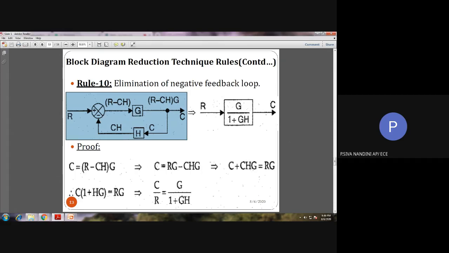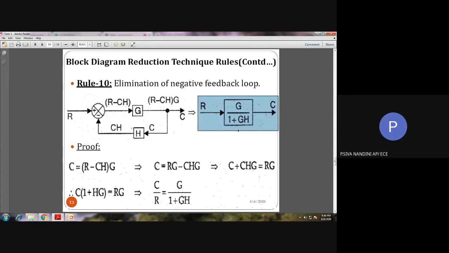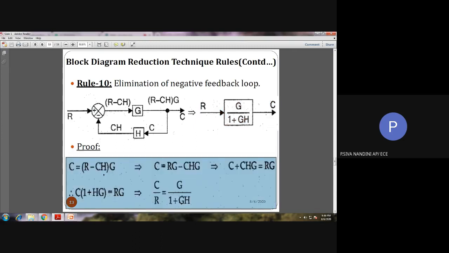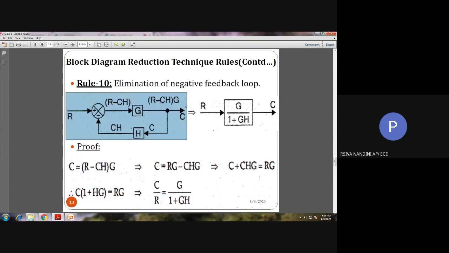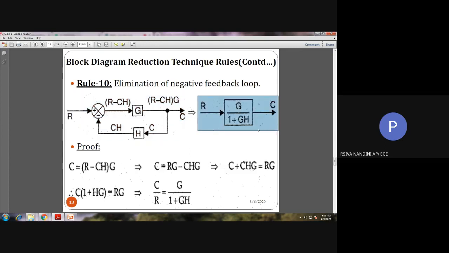In the forward path we have G, and in the feedback path we have H, the input is R and the output is C. As in the previous procedure, we can obtain the transfer function as G by 1 plus GH. The simplified procedure is given here, the same as what we did in the previous step. Thus we can eliminate a negative feedback loop. We can write it like this.